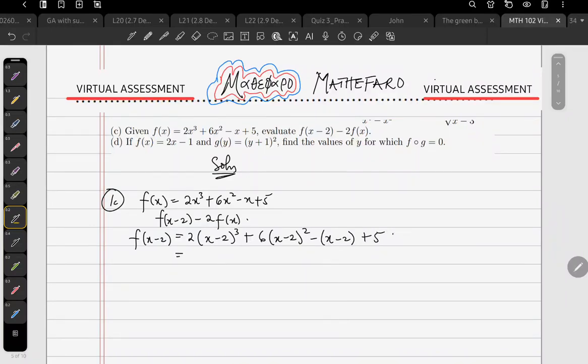So how does this simplify? This gives us 2x cubed.